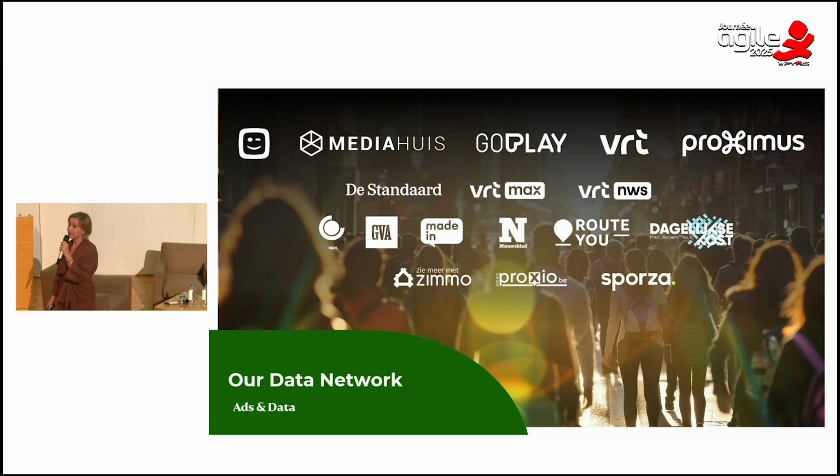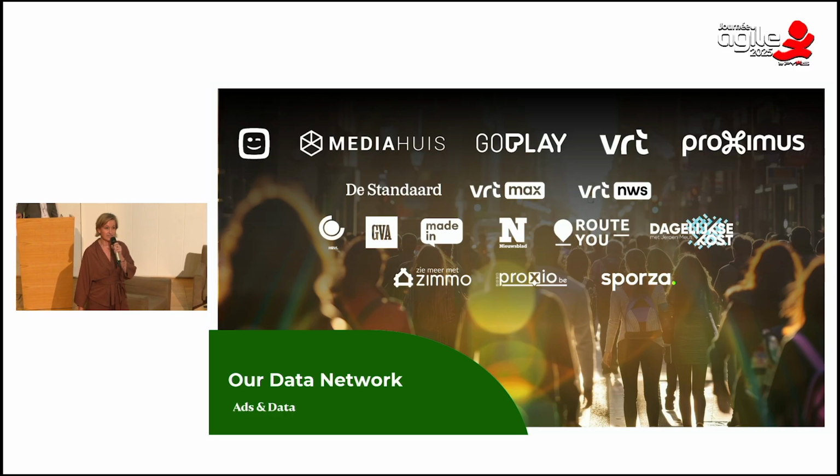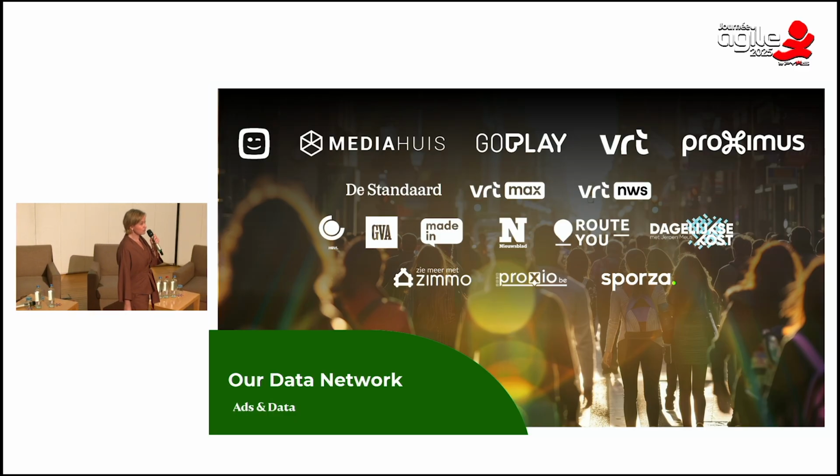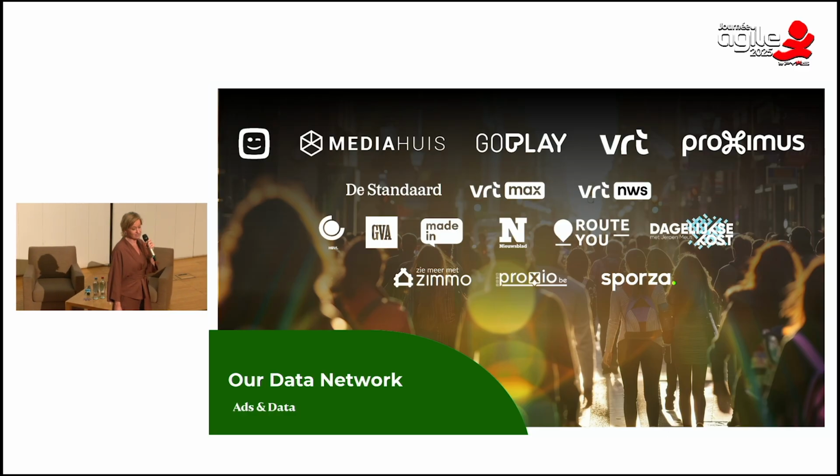We have a big data network with data coming from big brands and partners such as Mediahuis, Play Media, Telenet, Proximus and VRT. We have a lot of qualitative and local first-party data, approximately 3 million unique data records.